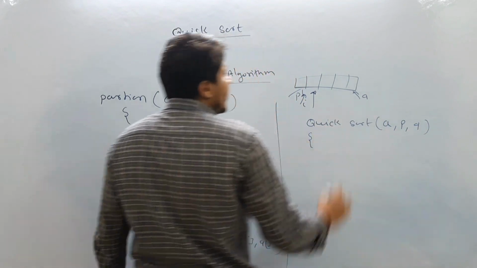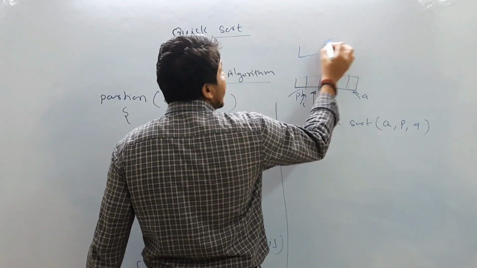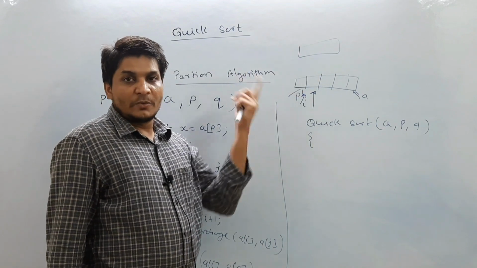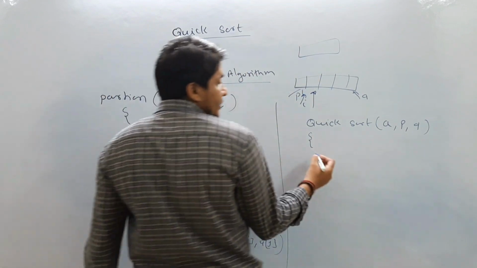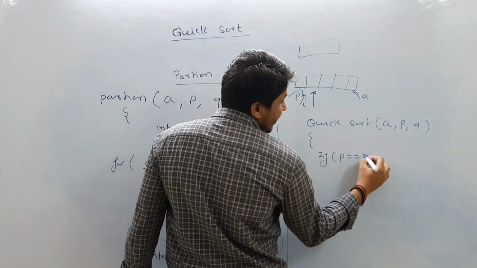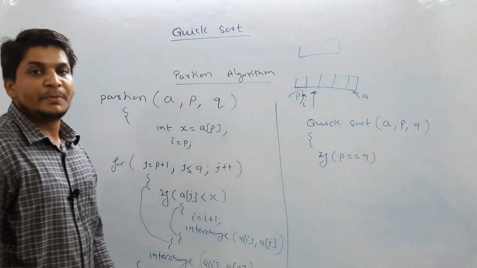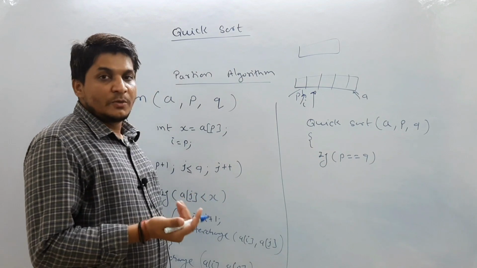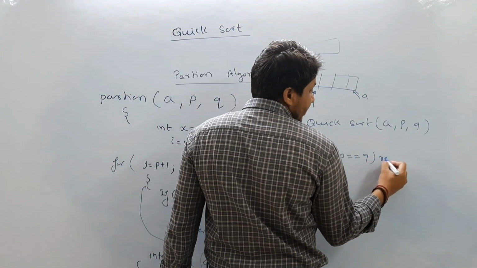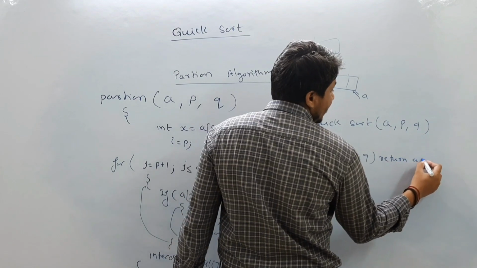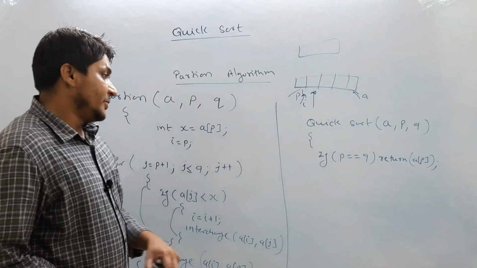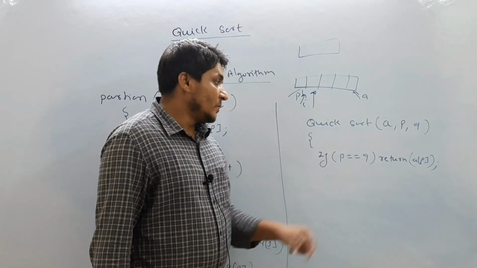If the array contains only one element, do we need to sort it? One element is always sorted, so if P equals Q, you simply return that element A of P. We need to take care of this first condition also.